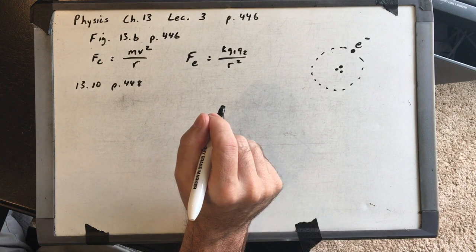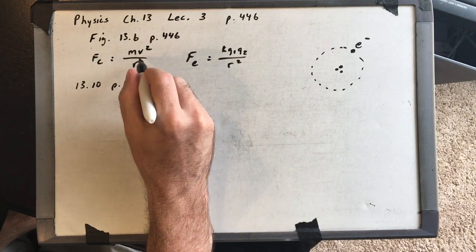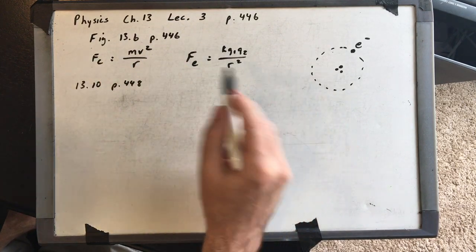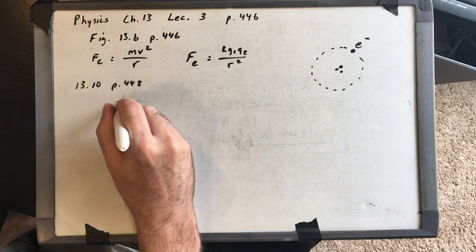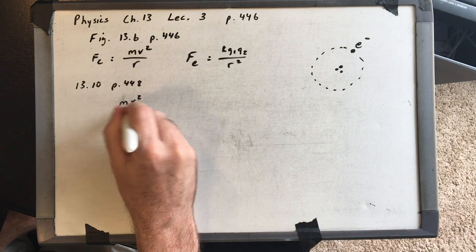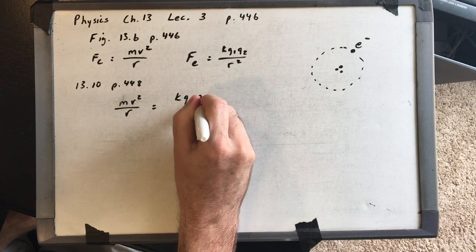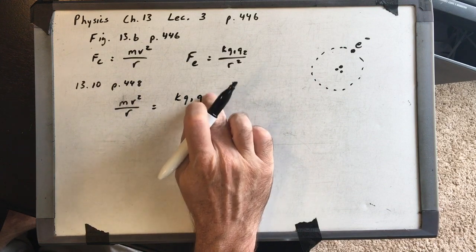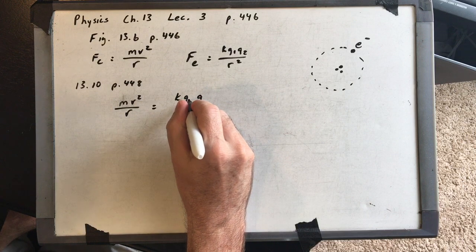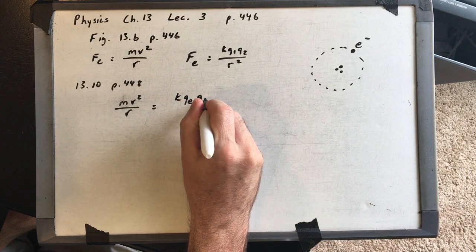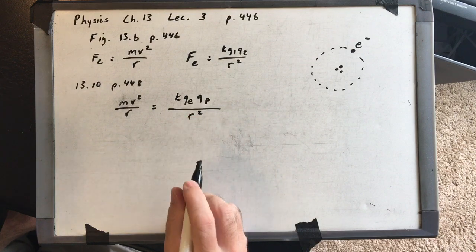Okay, so we're going to set the centripetal force, because we're assuming a circular orbit of the electron, equal to the electrostatic force. So we've got mv squared over r is equal to k, and in fact, let's not call it q1, q2. Let's call it q of the electron and q of the protons over r squared.